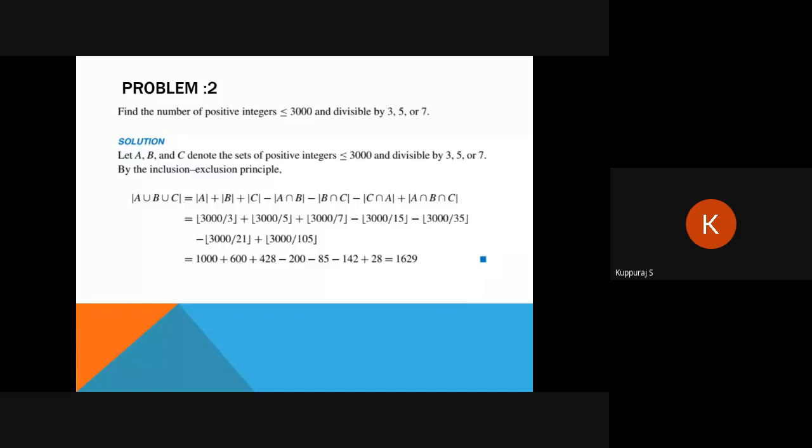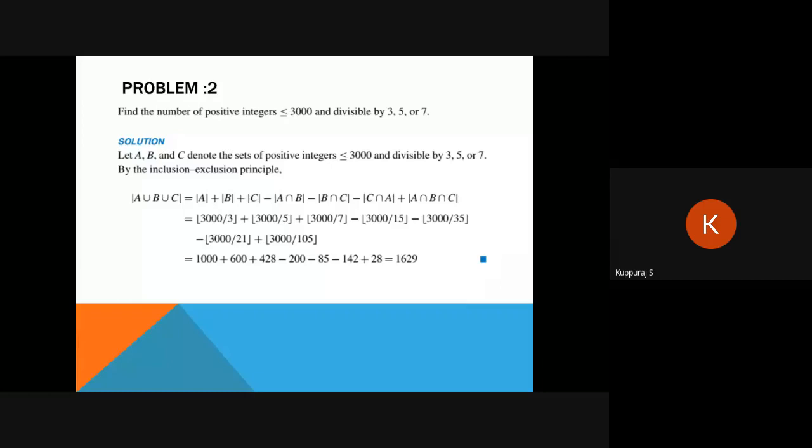What's the formula? Modulus of A union B union C, because we need the number of positive integers less than or equal to 3000 and divisible by 3 or 5 or 7. That means I have to use the union formula.